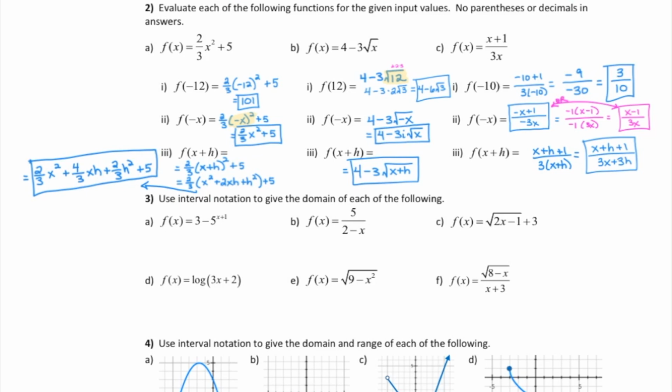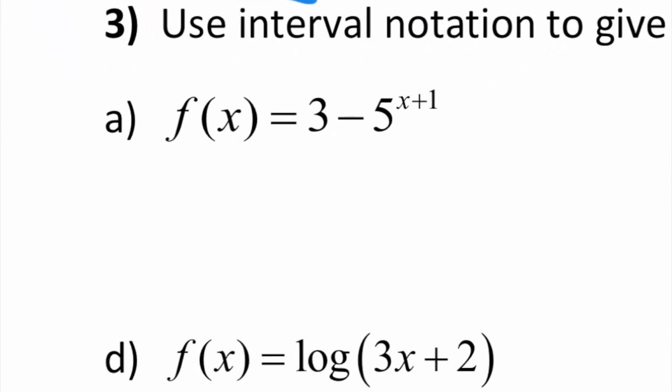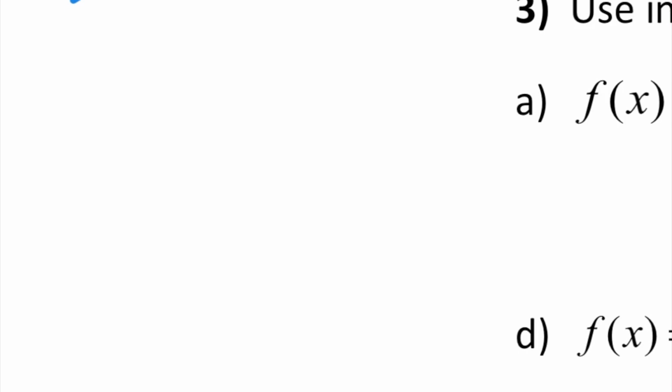Now, in number 3, you want to give the domain for each of these. And remember, maybe you want to make a note to yourself off to the side here. Remember that there's only 3, let me write this out for you, 3 things that restrict a domain.